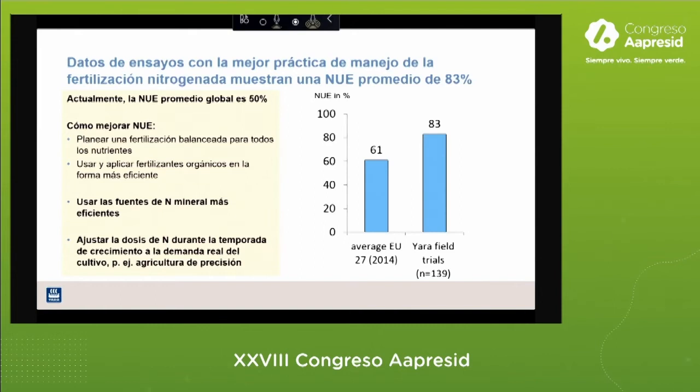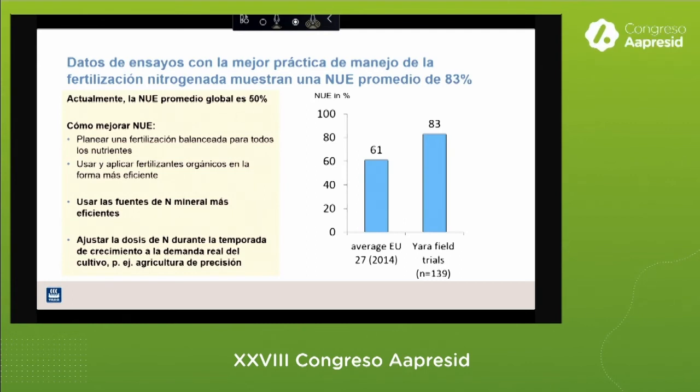Then, of course, if we think of whole regions or systems, countries, and their NUE, then the use and application of organic fertilizer is very important, because organic fertilizers and animal manures, for example, need to be used as efficiently as possible, because they are difficult to manage. They release nutrients during times when they are not needed.